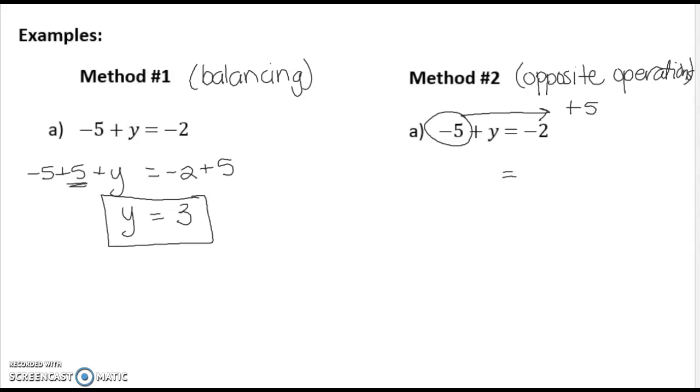Okay, so over here we're going to be left with our y, but over here we're going to have negative 2 plus 5. So all we did is we moved this negative 5 over to the opposite side of the equation, and we used the opposite operation. So when you bring it over the equal sign, negative 5 became a positive 5. So we have y equals negative 2 plus 5, which is positive 3. Okay? Same answer, 3 and 3.